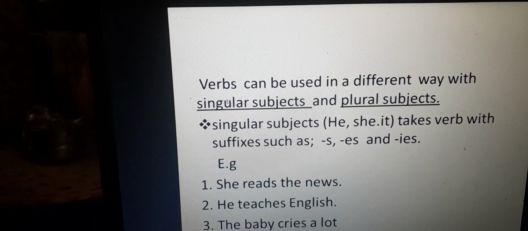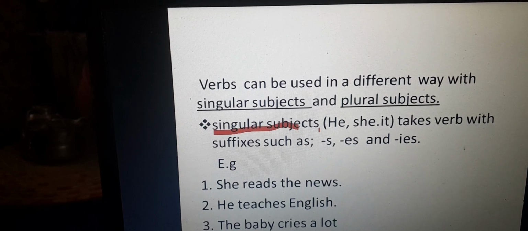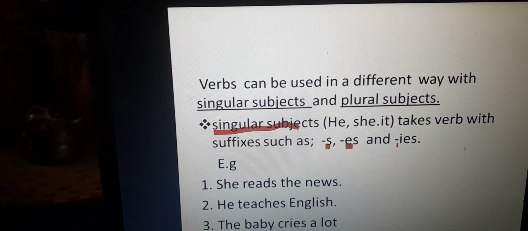Now let's see how these verbs can be used in different ways with singular subjects and plural subjects, okay? For example, singular subjects like he, she, it take verbs with suffixes such as s, es, and ies.